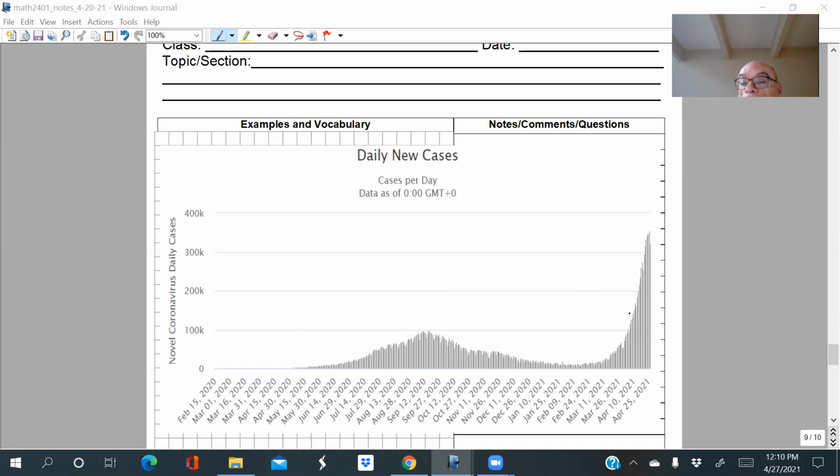Well, when the number of cases is increasing and people become alarmed, people's behavior changes. They become much more cautious, so the rate at which the infection is spreading slows down. Governments take mitigation measures, so they enforce things like lockdowns.